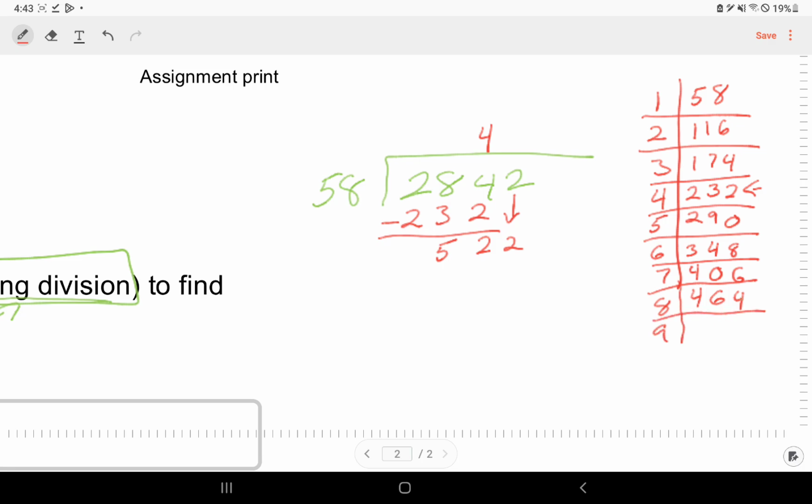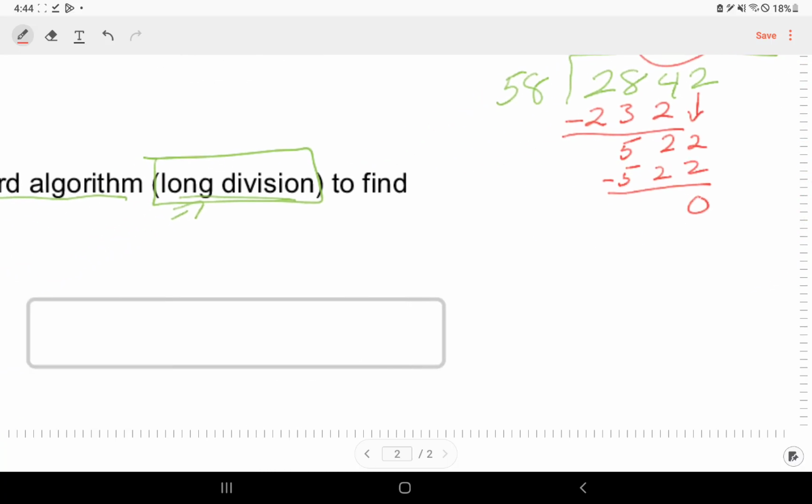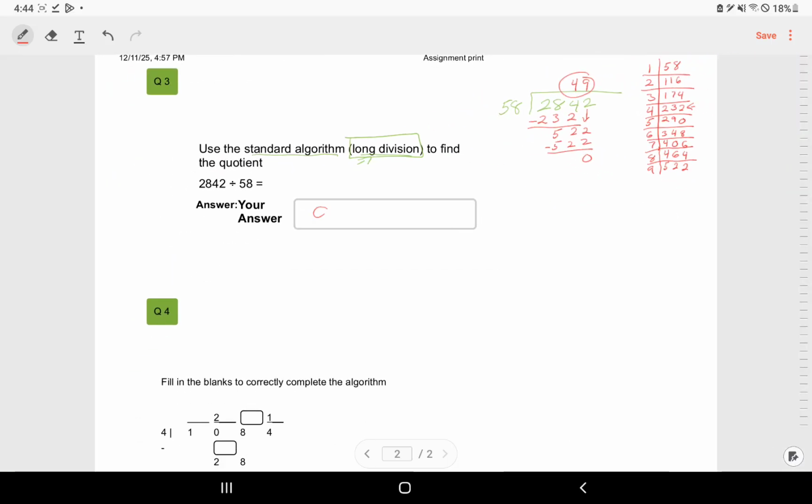And so 9, 8 and 4 is 12, carry 1. 5 and 6 is 11, and 1 is 12, carry 1. 4 and 1 is 5, so 522. And that was with a 9. And so our answer is 49. And so there you go. That's your long division.